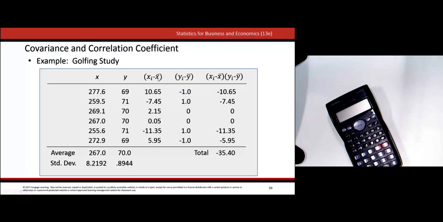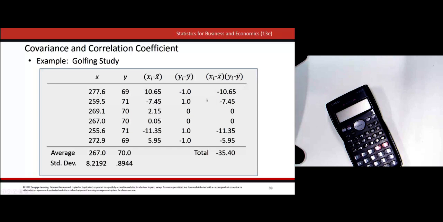Then you subtract the mean from each x value. You subtract 267, so 277.6 minus 267. You do it for each of them. And then you subtract the y bar from each y value, so 69 minus 70 is negative 1, 71 minus 71. You do it for each of them.